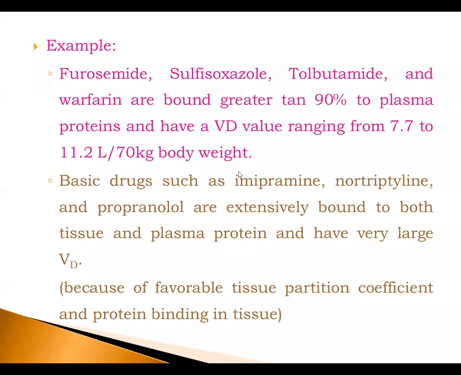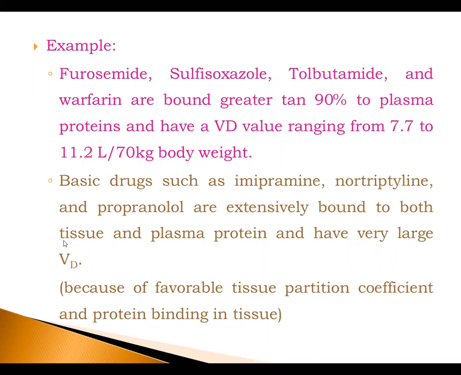Basic drugs are the other examples: imipramine, nortriptyline, and propranolol are extensively bound to both the tissue and the plasma protein, and these are exceptional cases. They are bound to the plasma protein, and they also have more affinity towards the tissue protein.